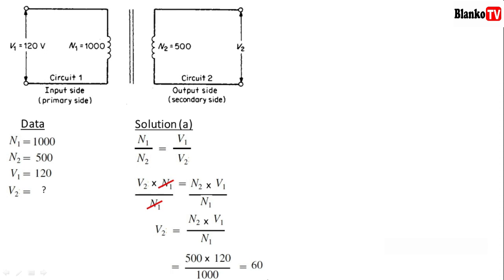Let's move on to solution B, which says we should calculate the voltage per turn of the primary winding, and we use the formula V1 over N1 since we are calculating the voltage per turn of the primary winding.